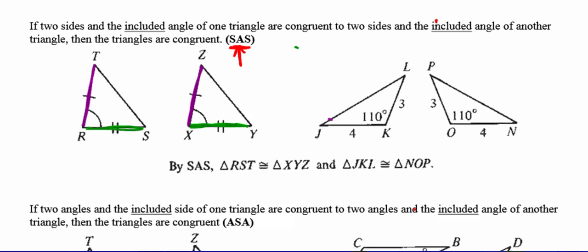So in my diagram, I highlighted those pairs of sides, purple and green. In order for this relationship to exist, we must have the angle that joins the purple and the green.